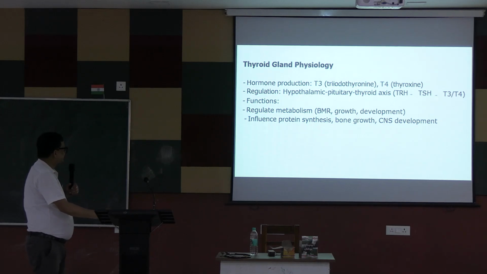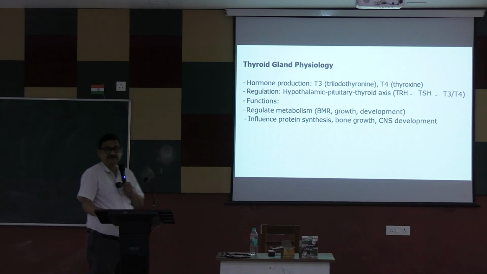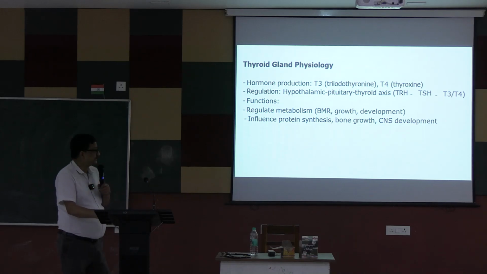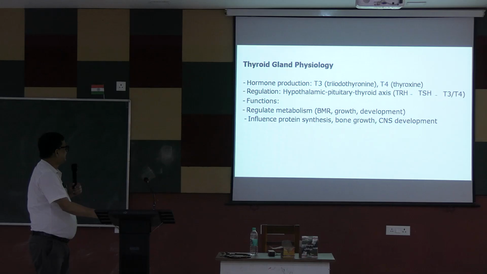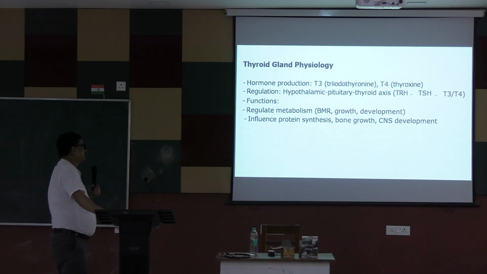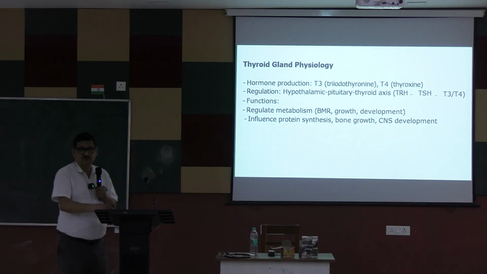It regulates metabolism. BMR, what is BMR? Basal metabolic rate. It also influences growth, development, protein synthesis, bone growth, and CNS development. Bone growth is controlled by thyroid, and one of the important constituents of bone is calcium.